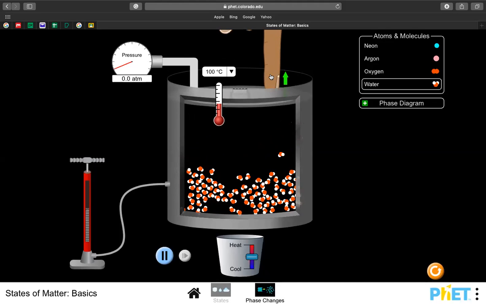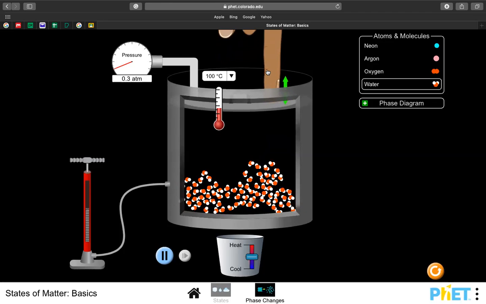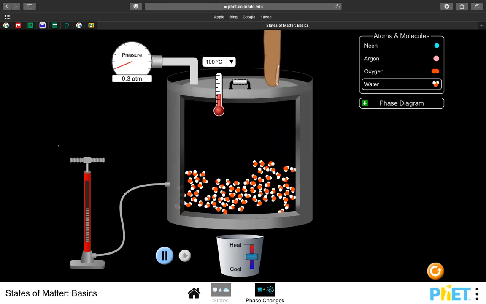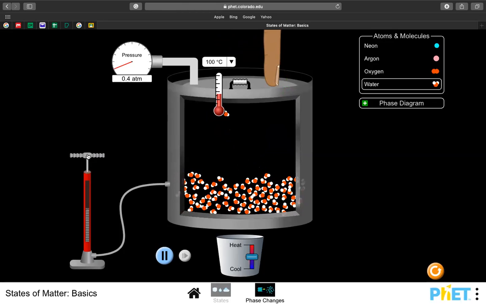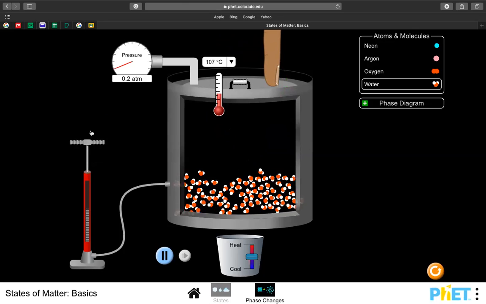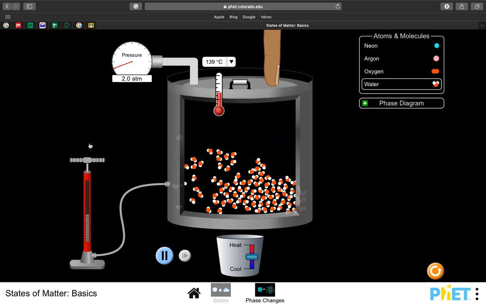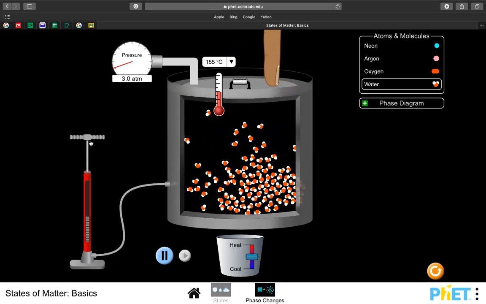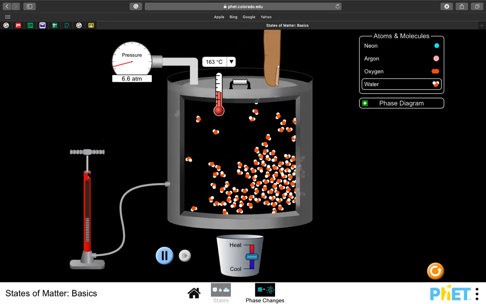If we apply more pressure, decreasing the volume, let's apply more pressure. We see the behavior of the particles now.